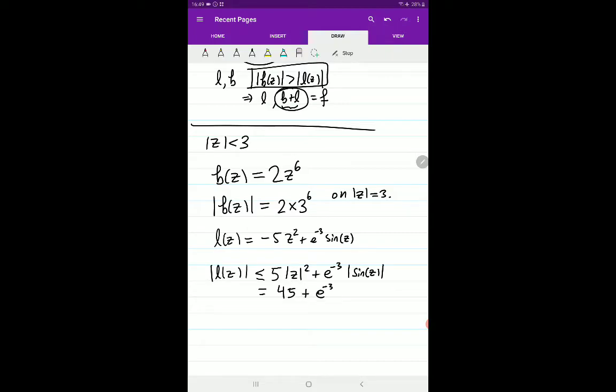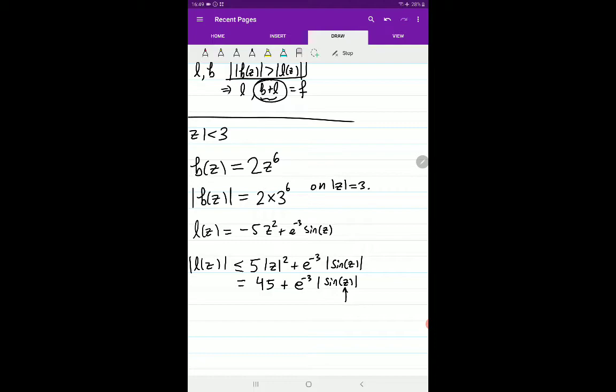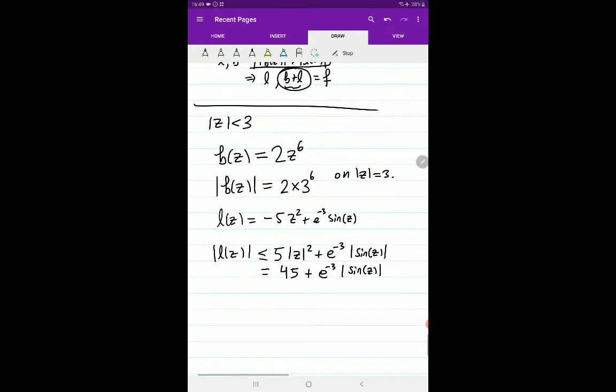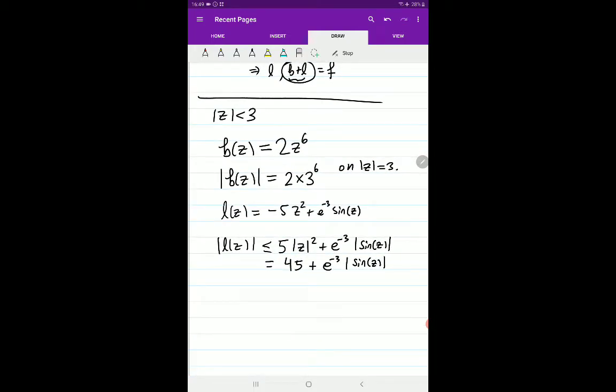Now I've got to bound this from above. You might be tempted to say that this is less than or equal to 1, but that's only true if I had a strictly real variable here. Remember that sine is unbounded on the complex plane.